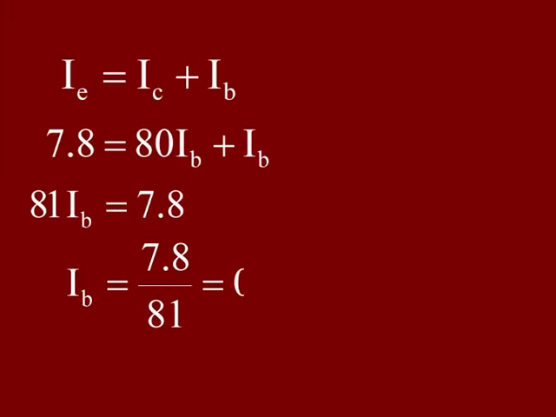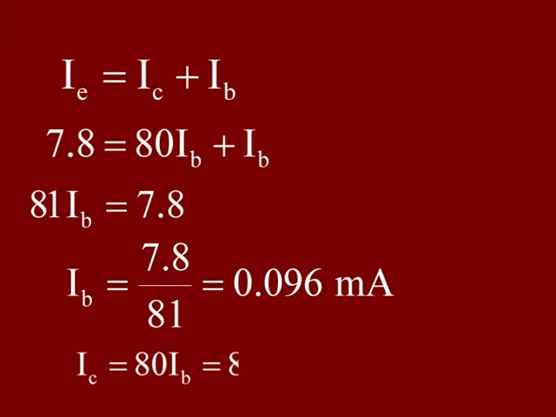That is equal to 0.096 milliampere. Again, IC is equal to 80 into IB, which is also equal to 80 into 0.096. On multiplying, we get IC equal to 7.68 milliampere.